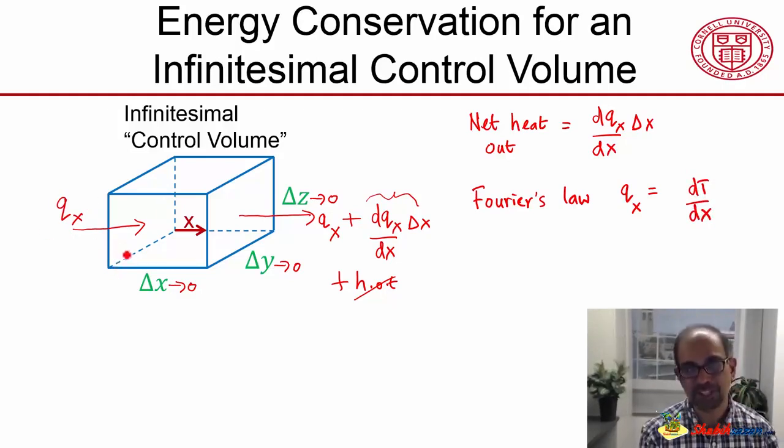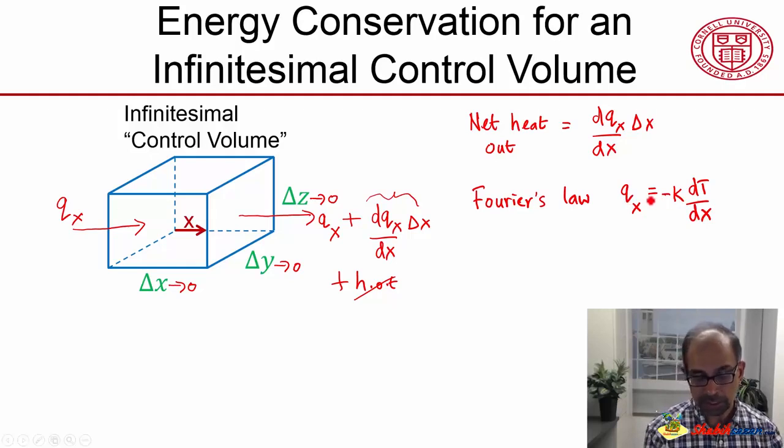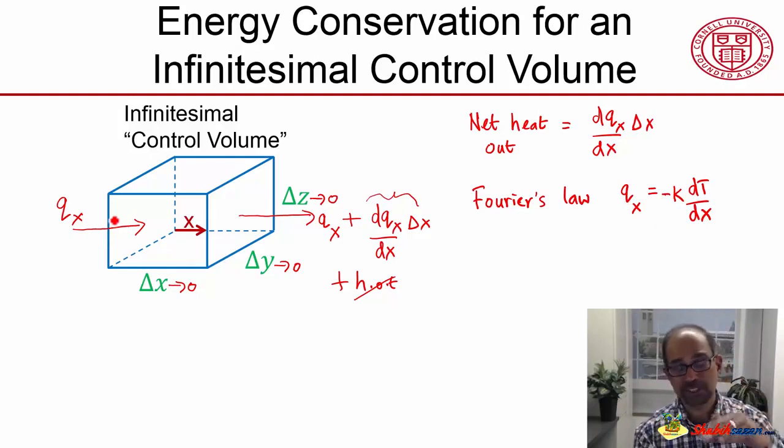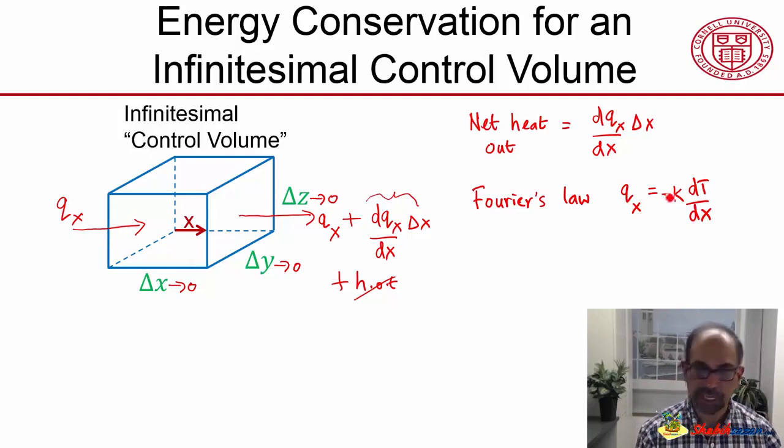If there was no change in temperature near that face, then there would be no heat flow through that face. I think that's intuitive. There's a constant of proportionality, K, and I get a negative sign. You need the negative sign because heat flows from higher temperature to lower temperature, that is, in the direction of decreasing temperature. K is called thermal conductivity, and we'll assume that it's a constant.